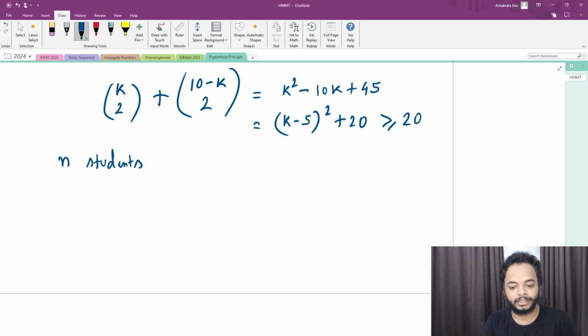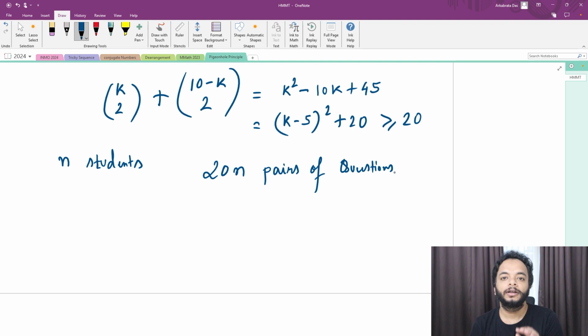Each student is giving me at least 20 pairs such that, whichever pair you pick, that student has answered both of those questions correctly or both incorrectly. So in total, I am going to have at least 20n pairs of questions.